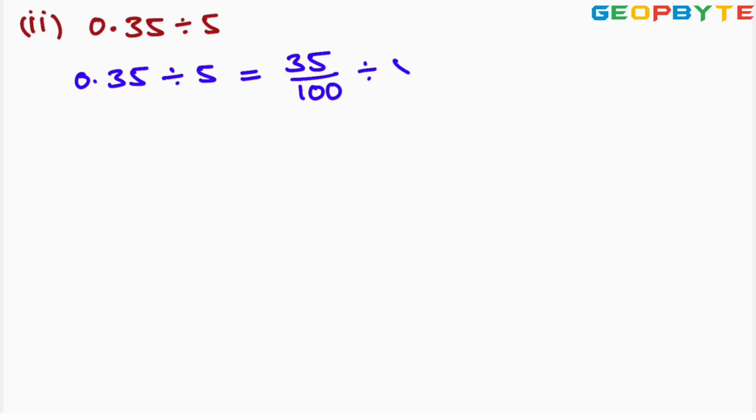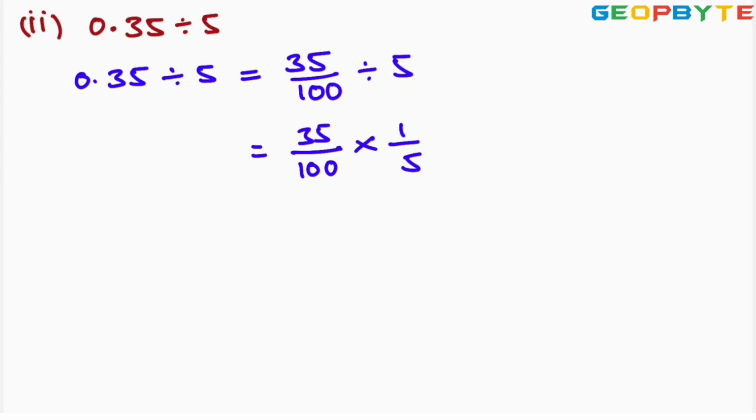divided by 5, which is equal to 35 by 100. Now we need to find the reciprocal of 5, and change the division symbol to multiplication. Then we get into 1 by 5.